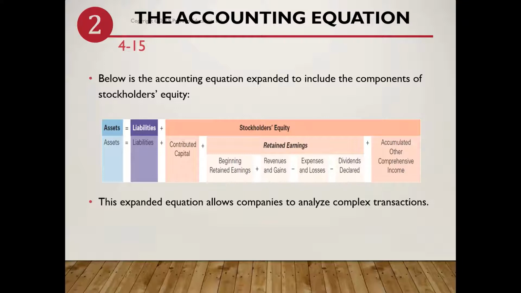Revenues and gains increase retained earnings, whereas expenses, losses, and distributions to owners, which are dividends, decrease retained earnings. Now we represent retained earnings in equation form as you see here. Ending retained earnings equals beginning retained earnings plus revenues plus gains minus expenses minus losses minus dividends declared.